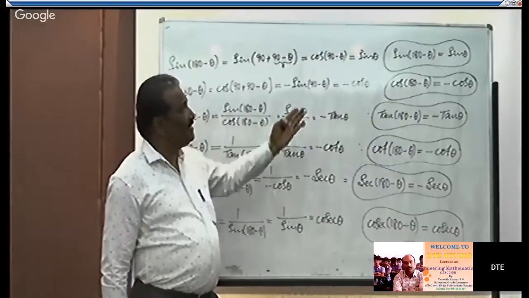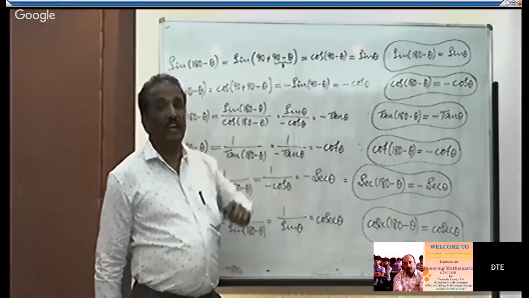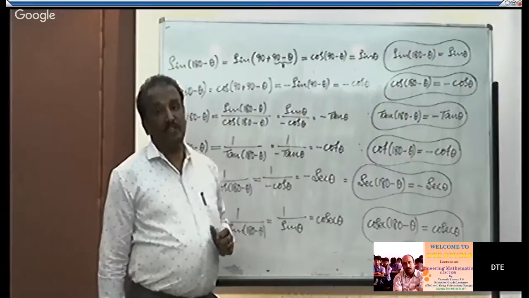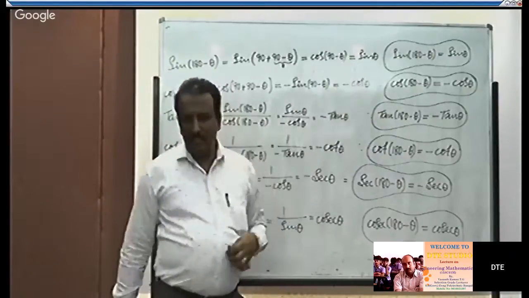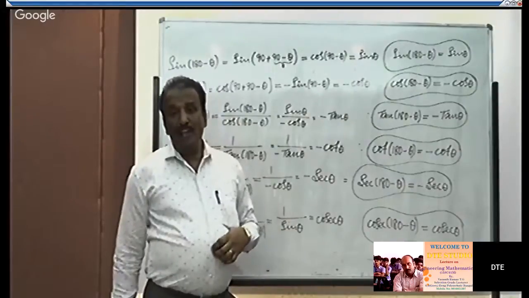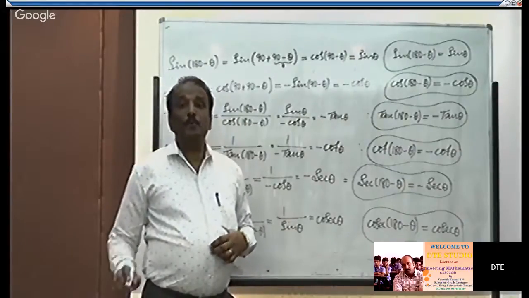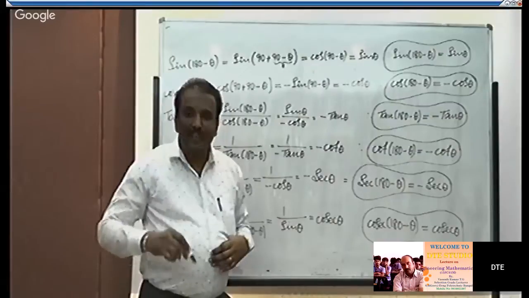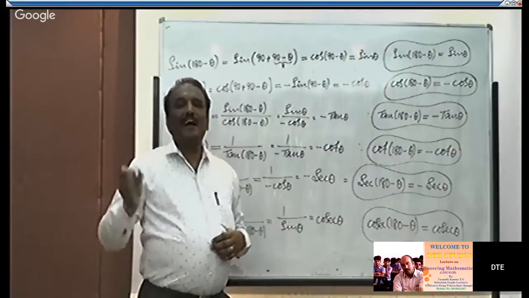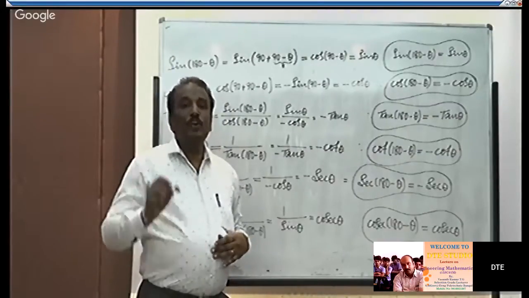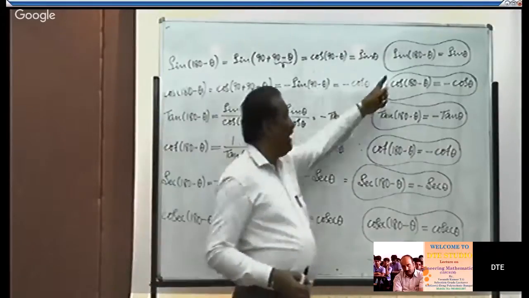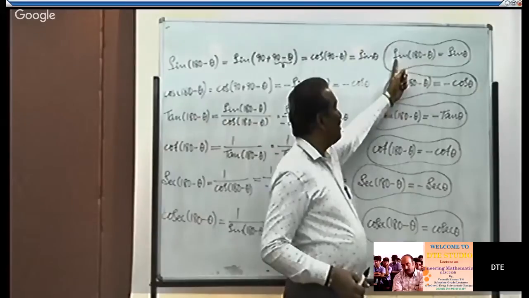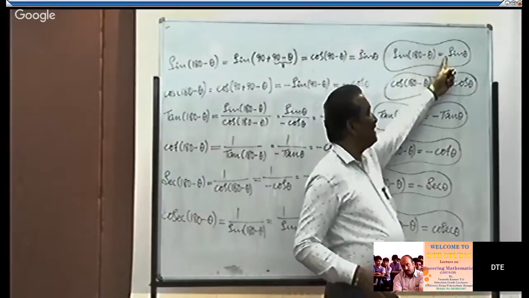Once again, you can check all these results by using the quadrant rule of signs. According to the ASTC rule, 180 minus theta comes under the second quadrant, so only sine and its reciprocal are positive on the right hand side when they are connected to an angle which is greater than 90 but less than 180. So when we connect 180 minus theta to sine, the result on the right hand side is positive.